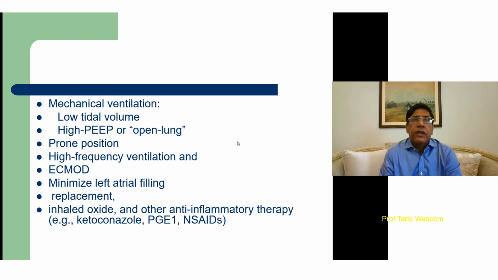They should be ventilated in a prone position, which means they're face down, and this would improve the ventilation perfusion matching and lead to better ventilation for these patients. Similarly, there are various modes of ventilation.